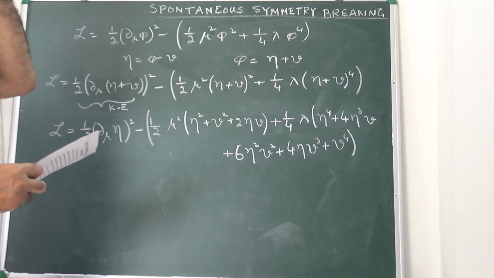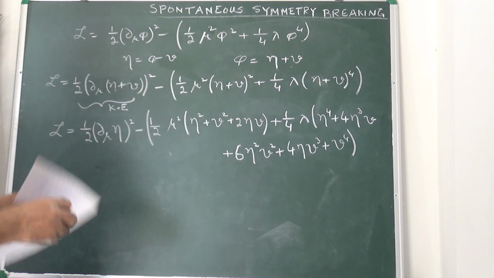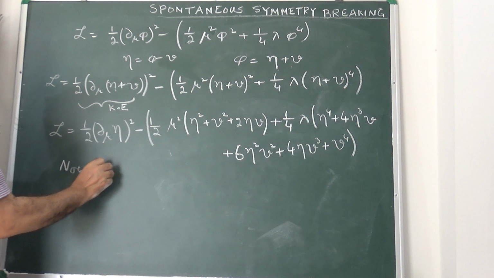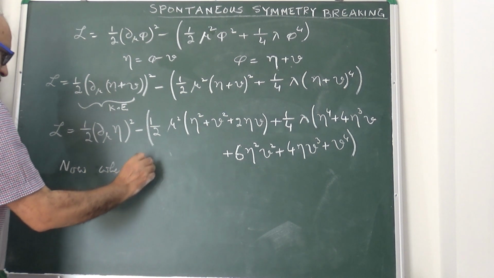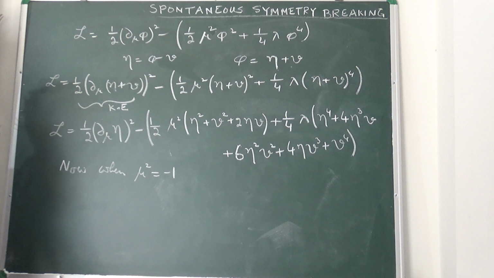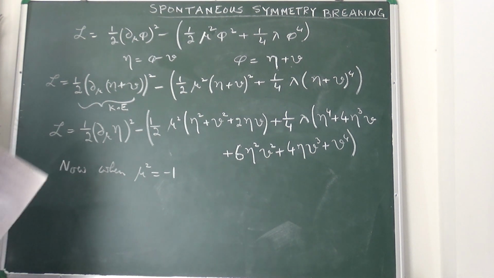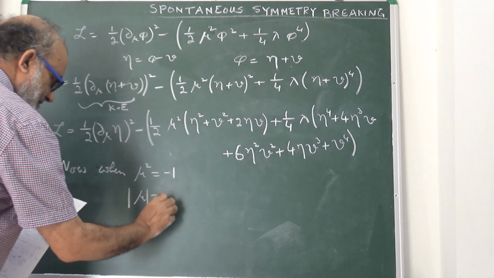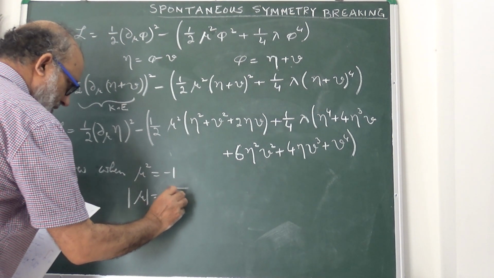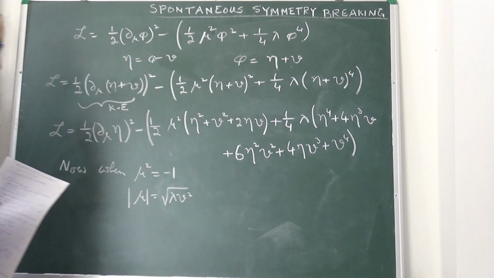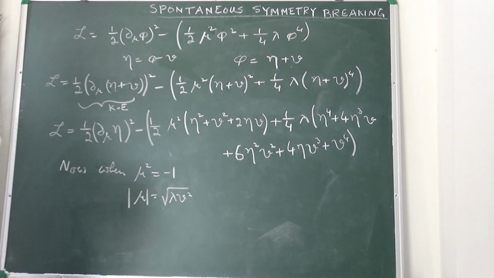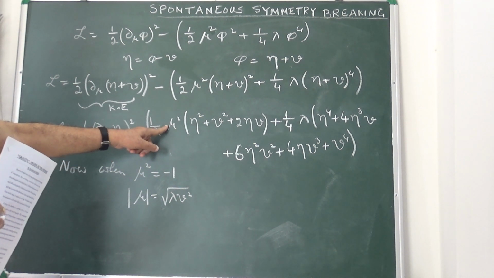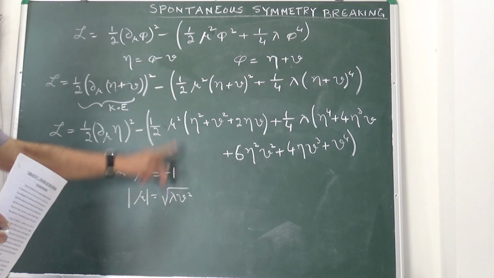Now, we have taken mu square as negative, and the mod of mu square was lambda v square. So the value of mu square is minus, and its mod is lambda v square.